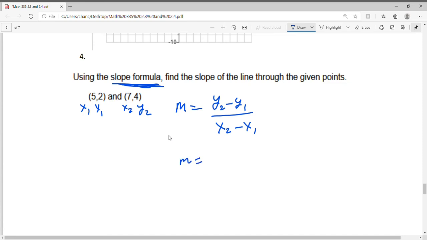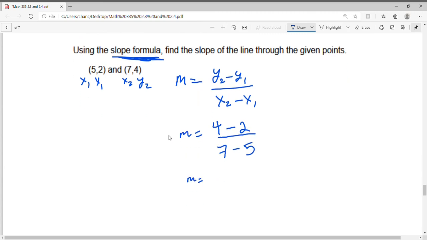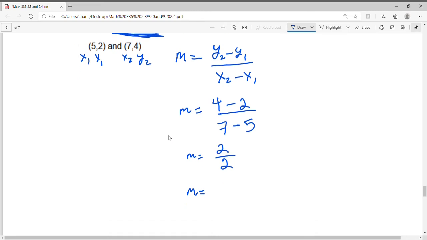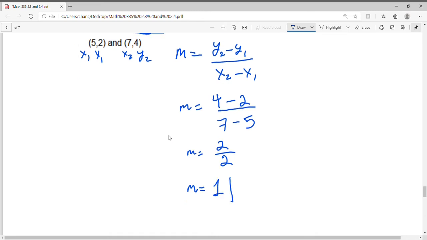We have 4 minus 2 divided by 7 minus 5. The top becomes 2, and the bottom is 2. 2 over 2 simplifies to a slope of 1. So between (5, 2) and (7, 4), the slope is 1.